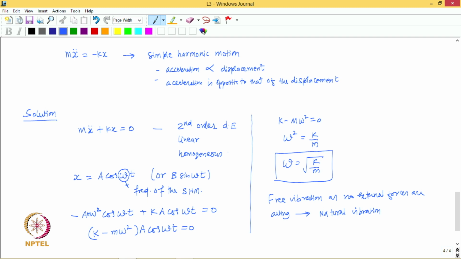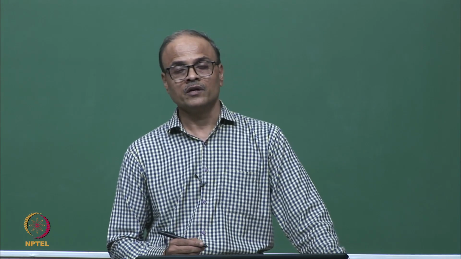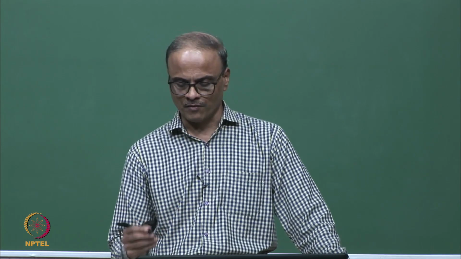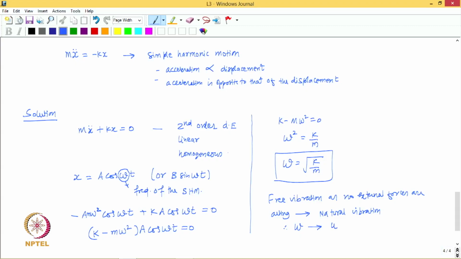Therefore, the frequency of this vibration, which is currently a simple harmonic motion, we can call the natural frequency, because it is the frequency of the natural vibration, and therefore the frequency omega can be appropriately referred to as omega n, the natural frequency. Hence we say that omega n is equal to under root k by m for this single degree of freedom system.